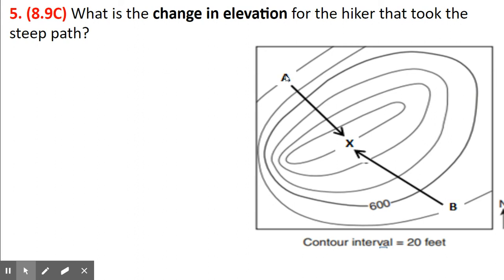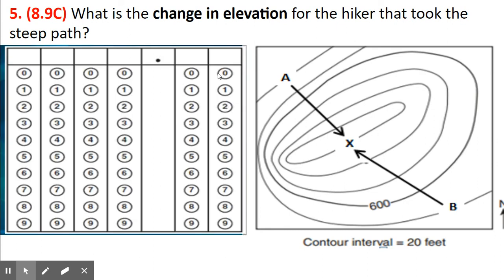So if they're at 560 and they want to go to the top, we count by 20s. So 560, 580, 600, 620, 640, 660 would be the top of the mountain. And remember, this elevation, 660 feet, is the elevation all the way around.